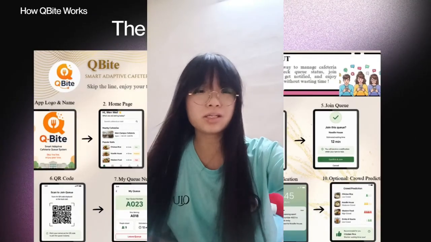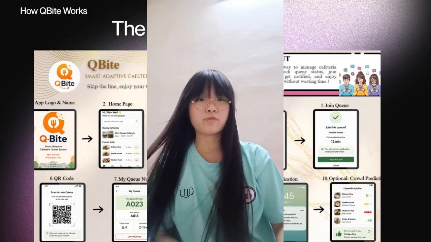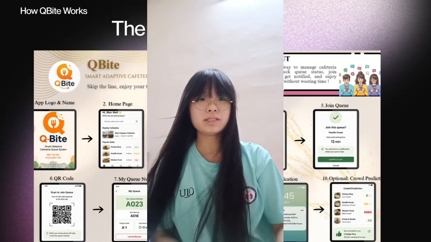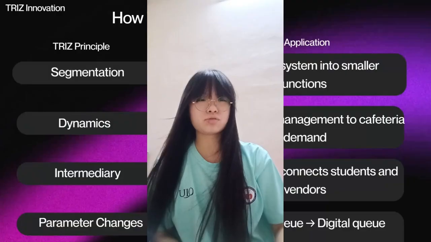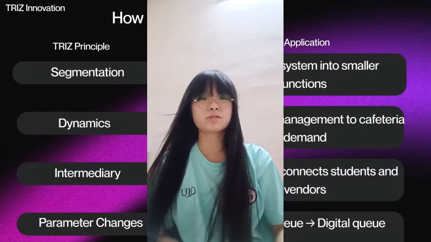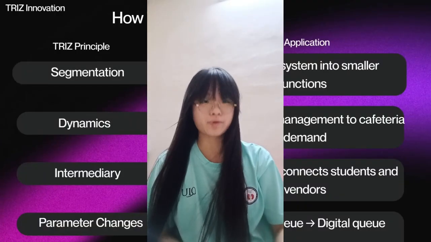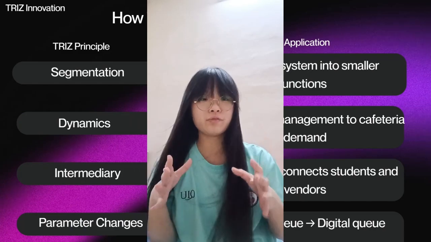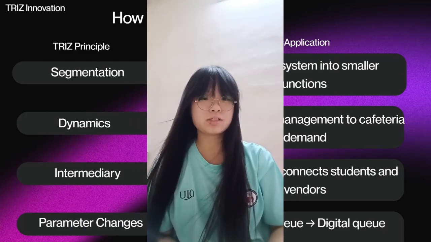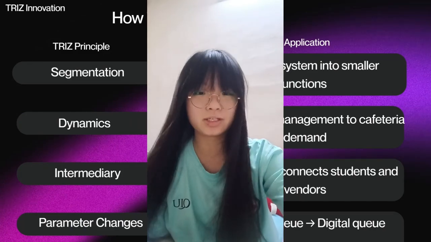The idea is not to completely remove waiting, because realistically, people still need to wait for their food. What QBite changes is how people wait. Instead of waiting physically, students can manage their waiting digitally.